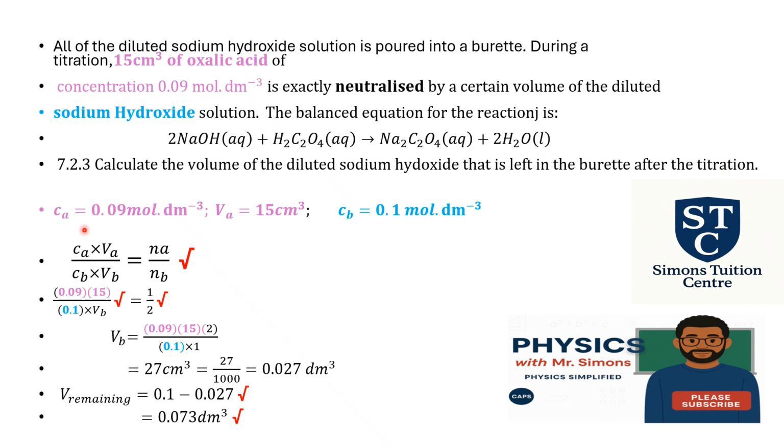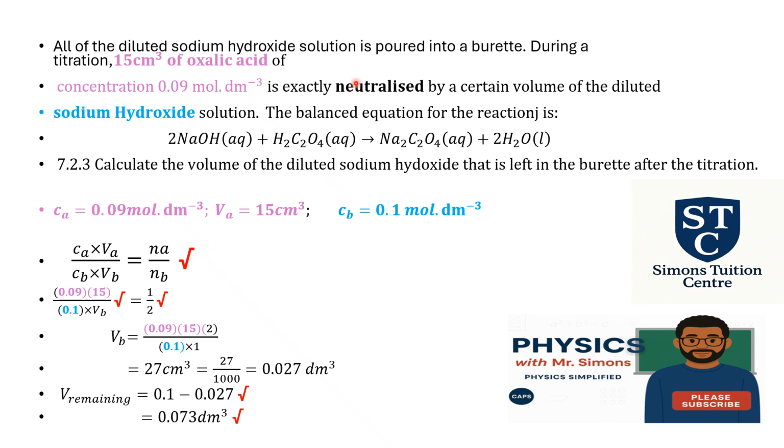So the concentration of the acid given there was 0,09. The volume of the acid is 15 cubic centimeters divided by 1000 if you want to change to decimeter cubed. The concentration of my base here is 0,1 mole sodium hydroxide.